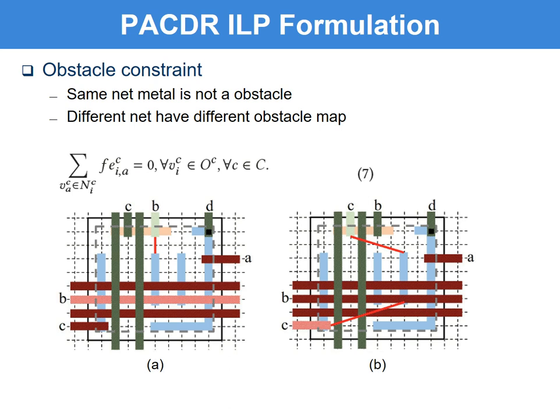By comparing figure A and B, we can see that the obstacles vary depending on the net being routed. To prevent connections from passing through obstacle vertices, we designated the neighboring edges of each obstacle vertex with a total flow of 0, effectively treating it as an obstacle.